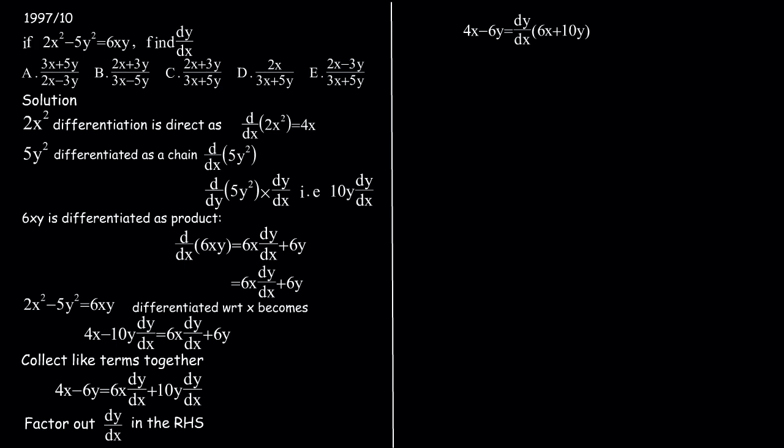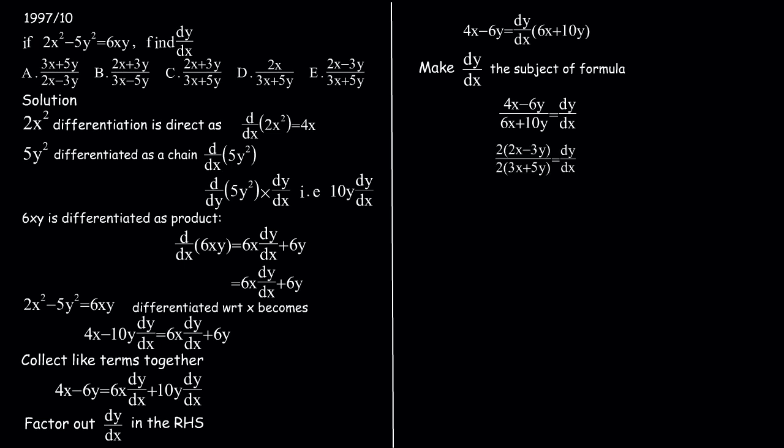At this point, we are going to be making dy over dx our subject of the formula. We are going to be making dy over dx stand alone by dividing both sides by 6x plus 10y. Dividing both sides by 6x plus 10y, 4x minus 6y divided by 6x plus 10y will be equals to dy over dx. Factorizing our left hand side, in our numerator 2 is common and in our denominator 2 is also common.